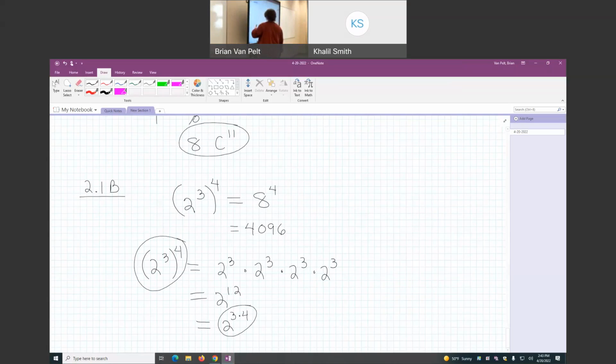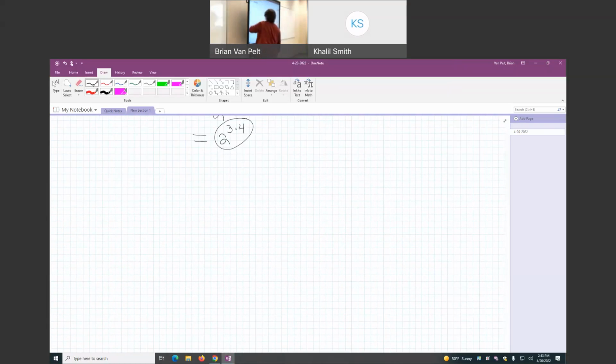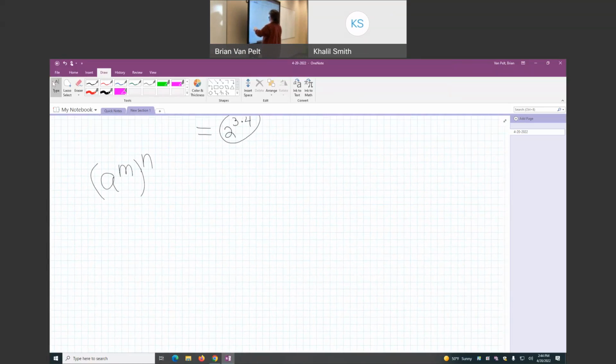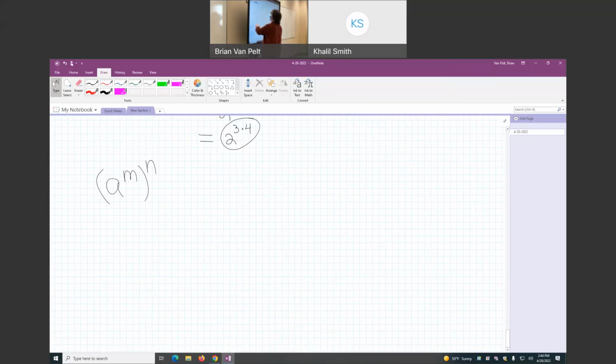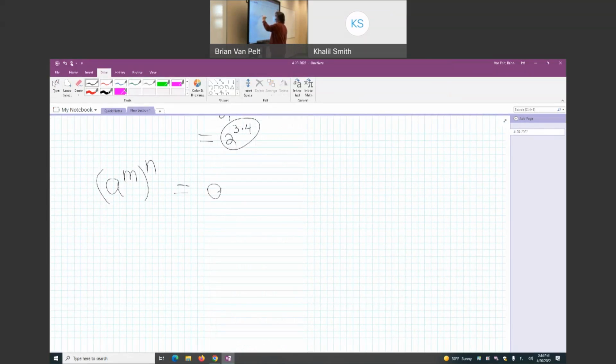So, let me read this. This is called the power rule. If I have a number and raise it to an exponent, and then I raise it to another exponent, that's a to the m times n.